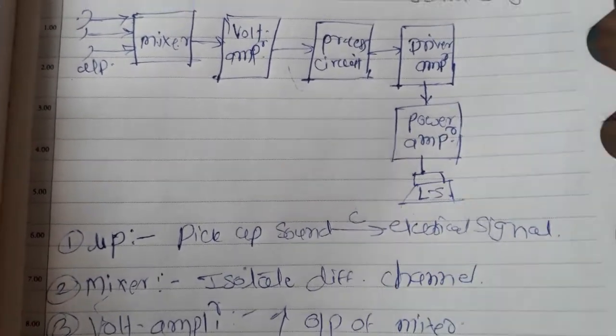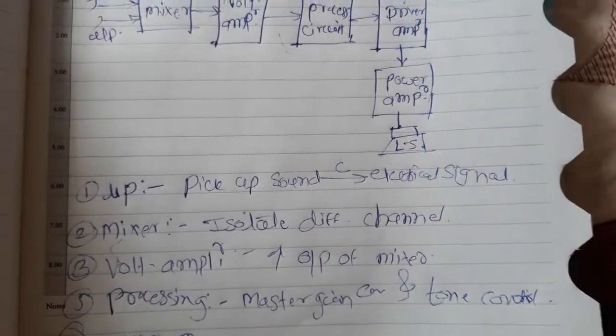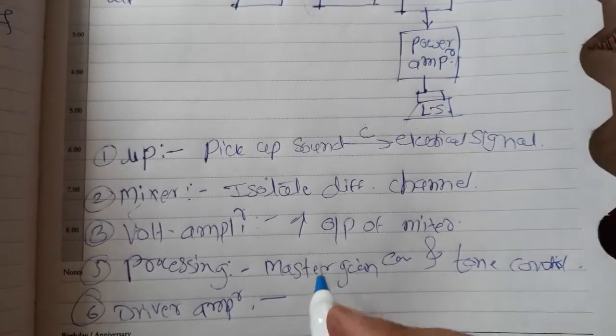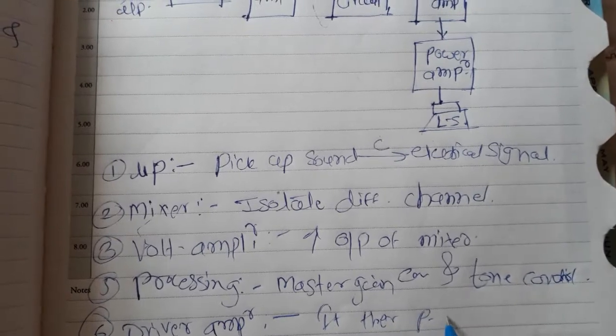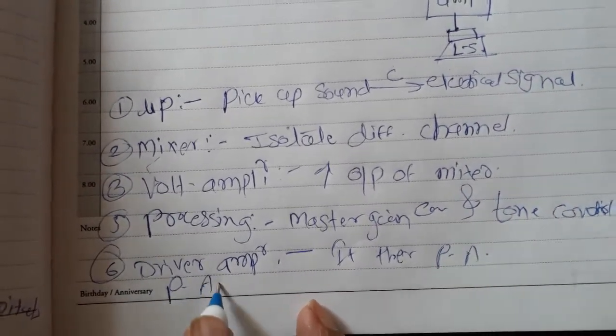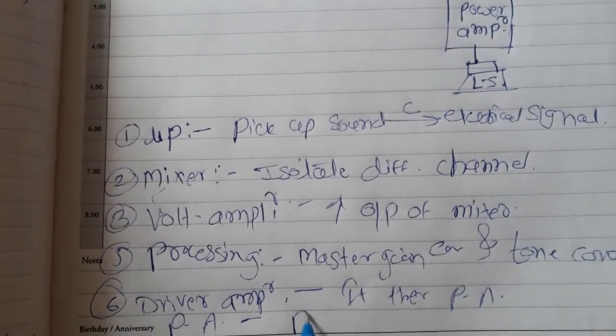Then the output of this processing circuit is given to the driver amplifier. The driver amplifier drives the power amplifier. Then the power amplifier does the power amplification.